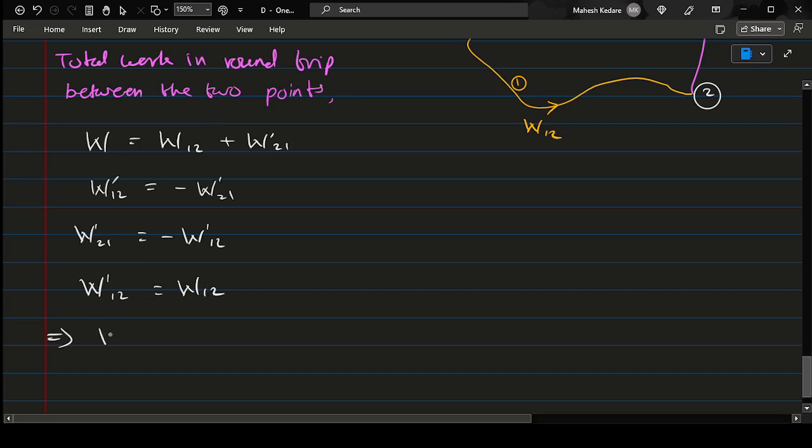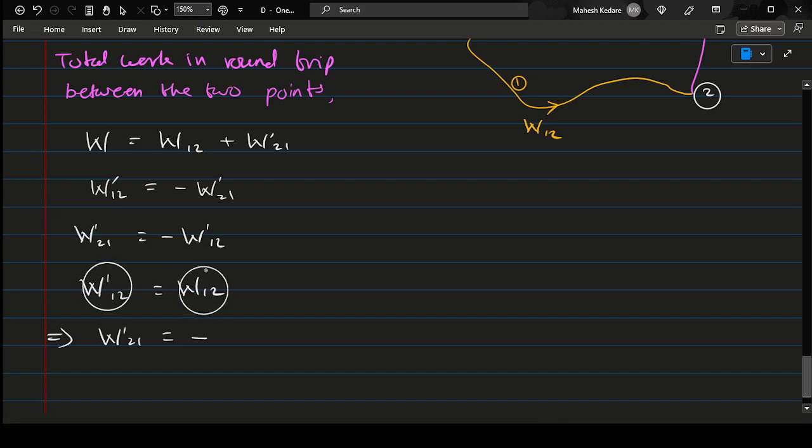This means we have W'21 equal to negative. We substitute for W'12: for W'12, we substitute W12 here, and we get W'21 equal to negative of W12.